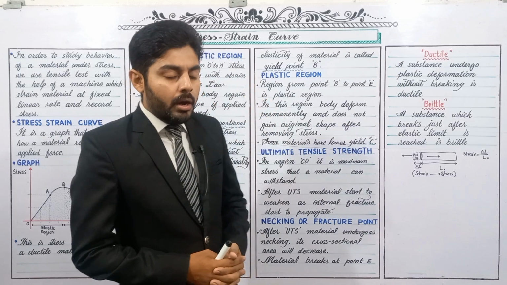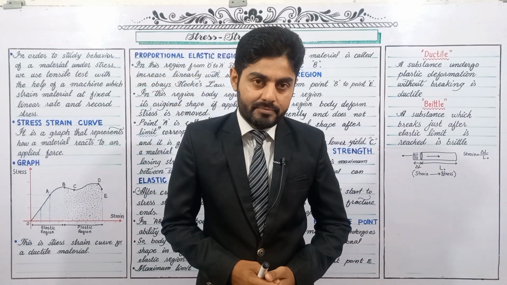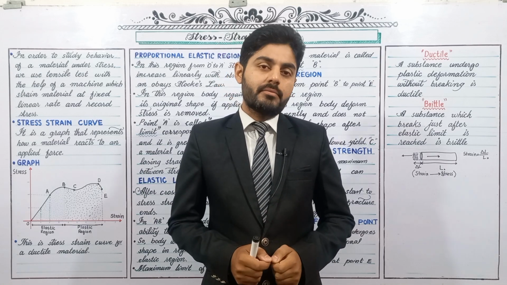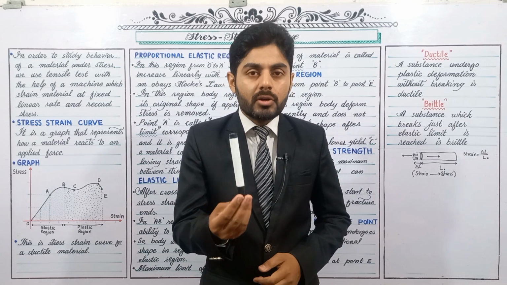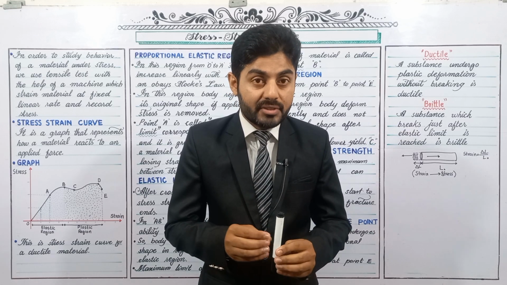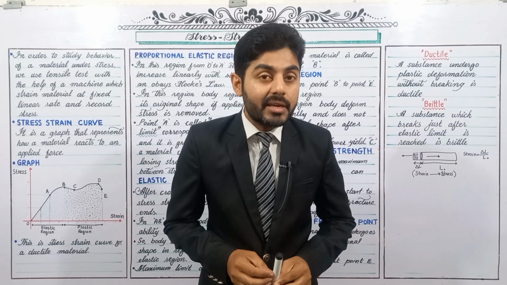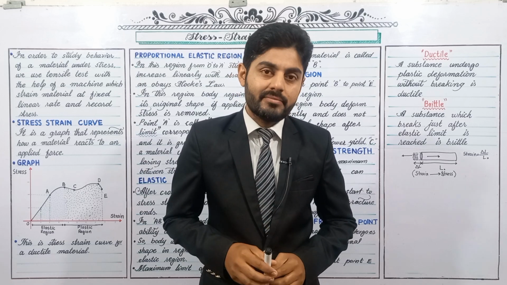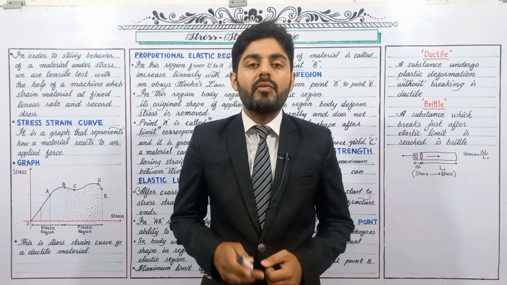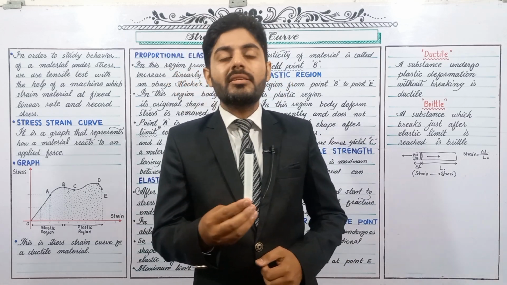Okay, how will we get this graph? If we want to check the physical properties of a material, like we have a rod of iron and we are going to check its physical properties, we will conduct a test that is called a tensile test. By using a machine, we will put this solid in the machine.